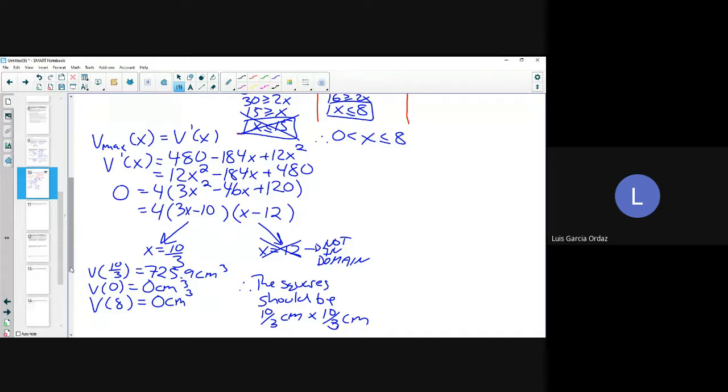Any questions about this example? Any questions, thoughts, or concerns about this example?